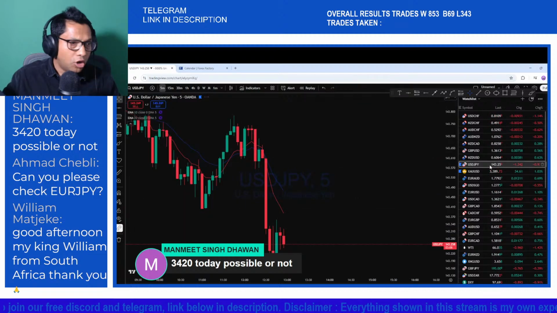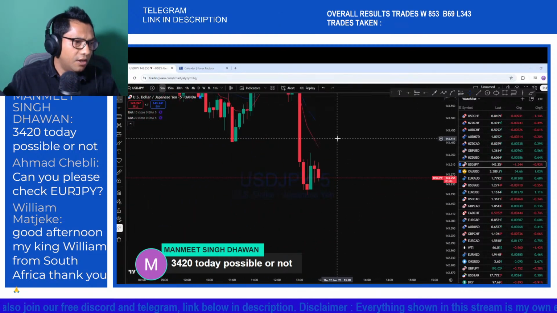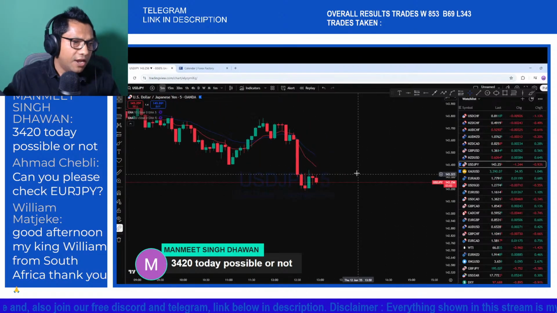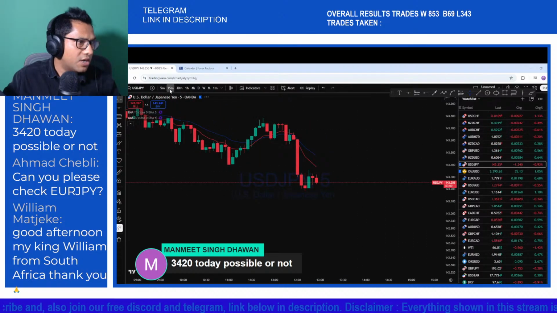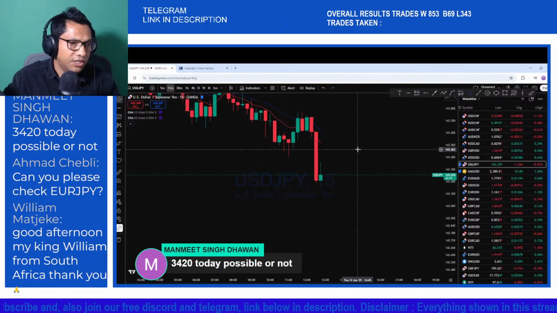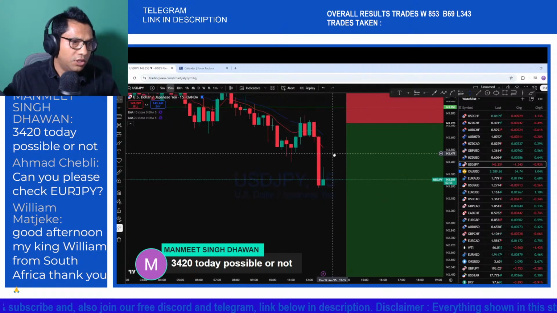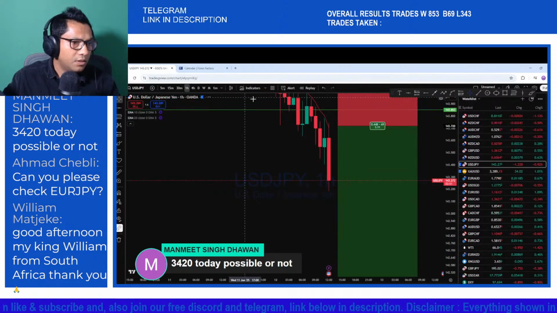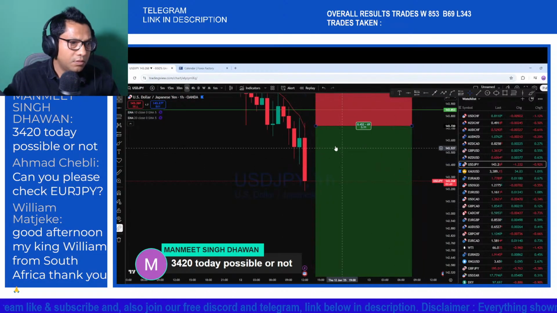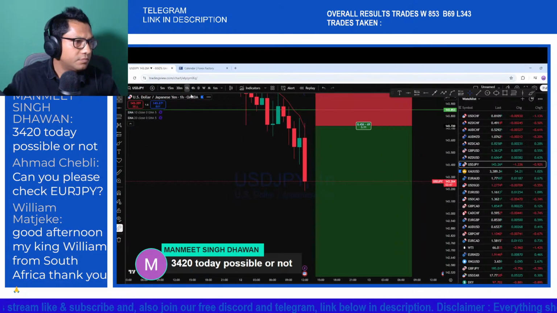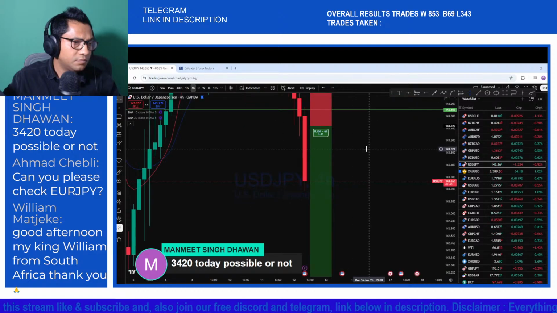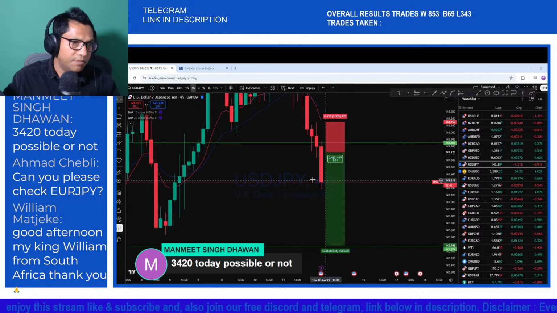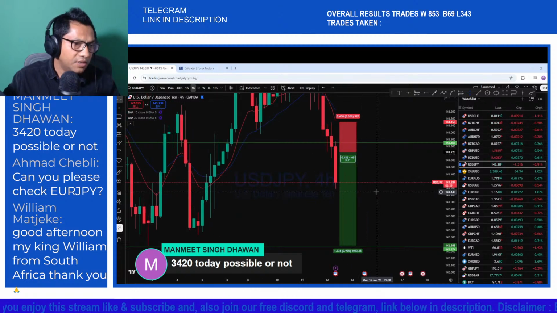Looking at dollar yen, which is showing bearish price action, we already see on the lower time frame the 15 minute candle closing with a possible further bearish move. Also the 4-hour candle is closing on dollar yen with bearish price action.